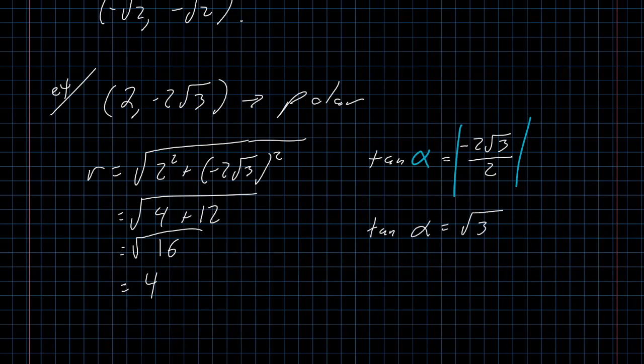So the tangent of our alpha is the square root of 3, which means that alpha itself is the arctangent of the square root of 3, which is pi over 3.